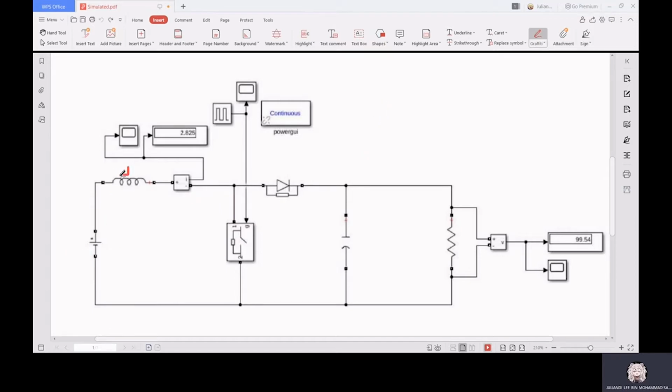Not only that, a magnetic field will now be produced at the inductor. The polarity of the inductor is such that its positive side will be connected to the positive side of the voltage source.